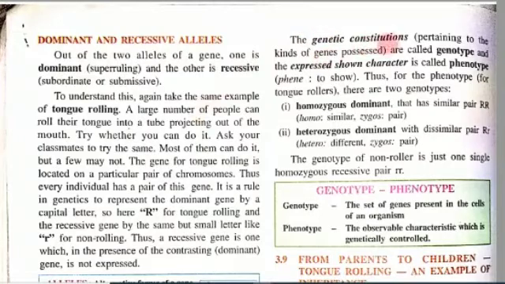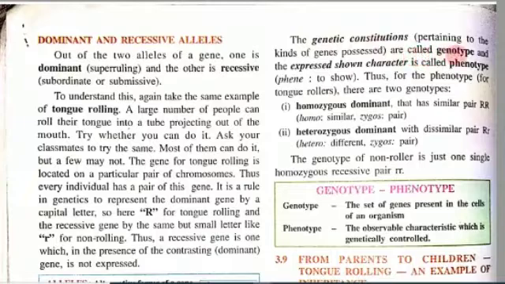Then the genetic constituents are called genotype and phenotype. For example, in a monohybrid cross the ratio is 3:1, where 3 show the dominant character and 1 the recessive. This is the phenotypic ratio. The external visibility of a gene pair is called phenotype.